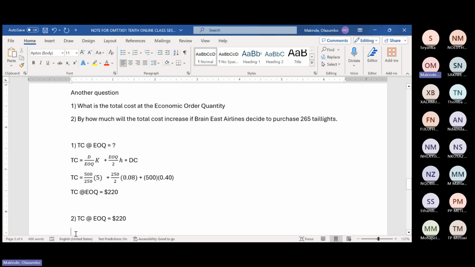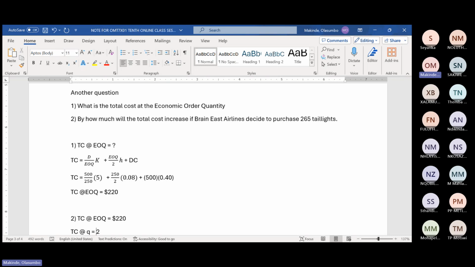So you find TC at EOQ first, which you have calculated. Then you need to find TC at Q equal to 265, because now we are not dealing with EOQ, we are deviating from the EOQ.